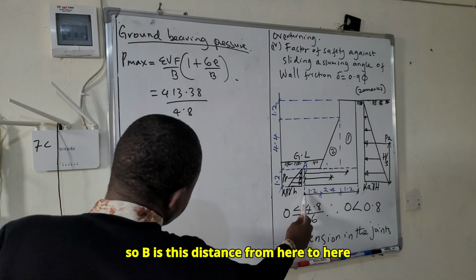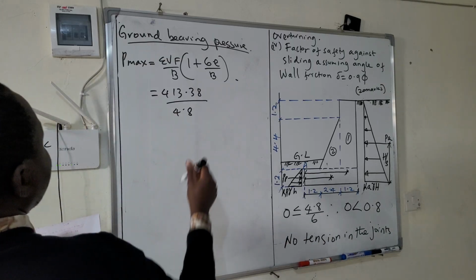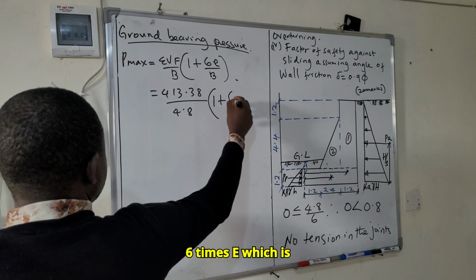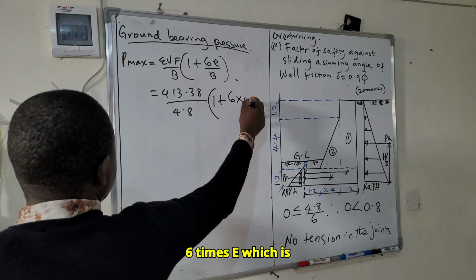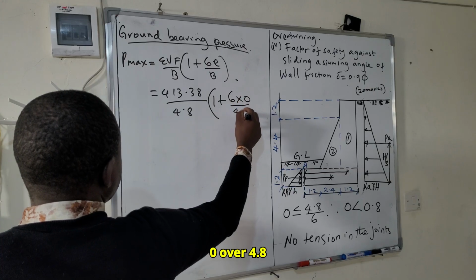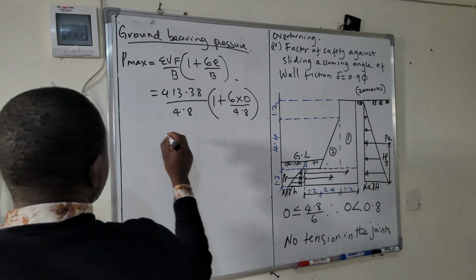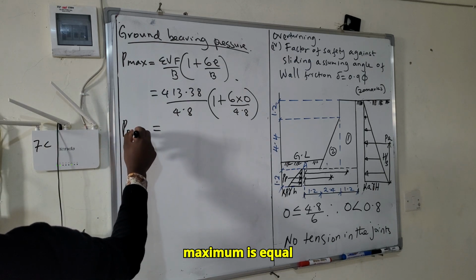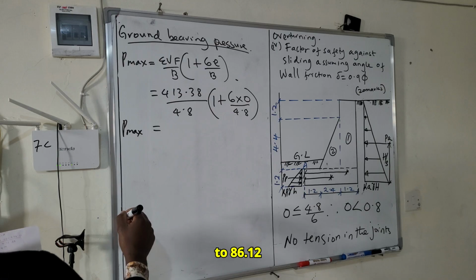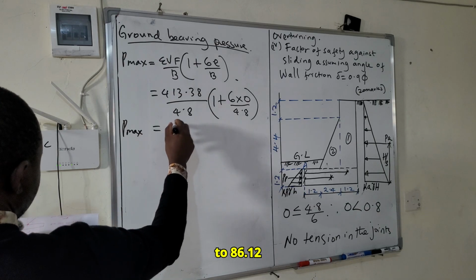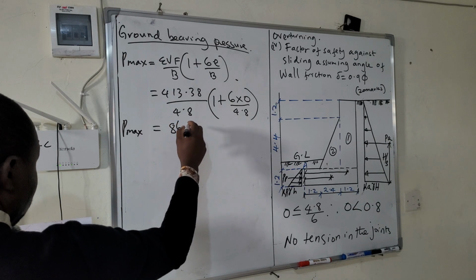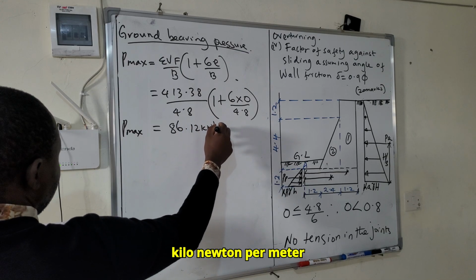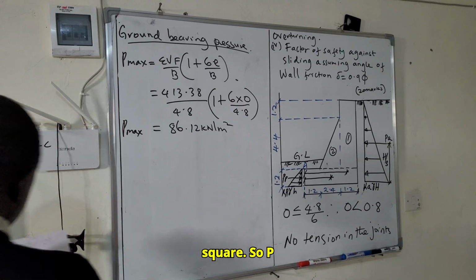So B is this distance from here to here, into bracket 1 plus 6 times E, which is 0, over 4.8. Therefore, P maximum is equal to 86.12 kilonewton per meter square.